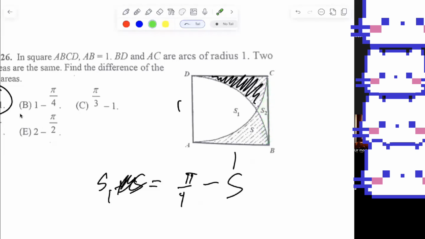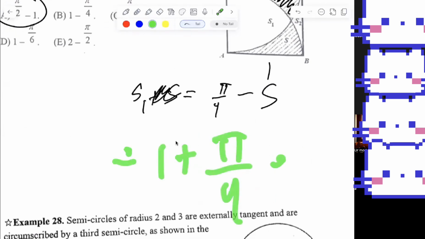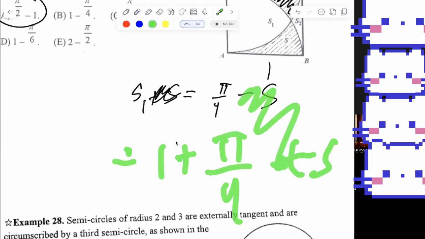Then we subtract these two together. The difference is going to be pi fourths minus S minus (1 minus pi fourths minus S). The S cancels out.